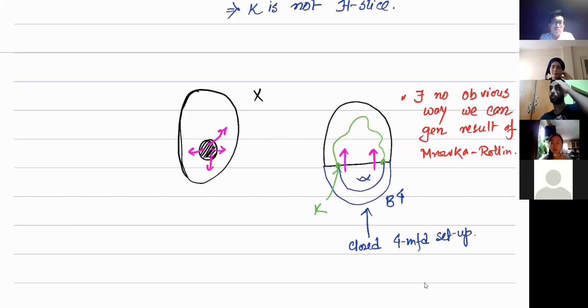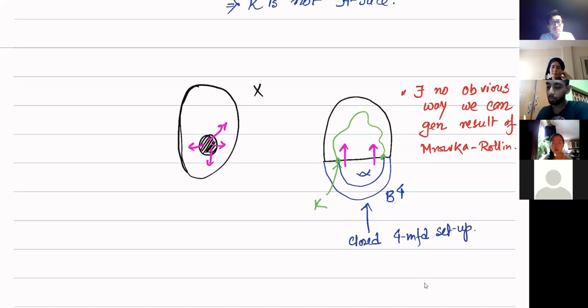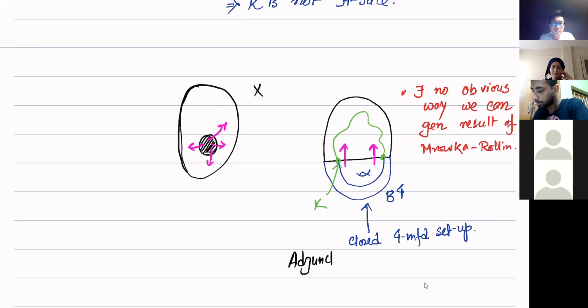But for that, there is another problem. In the closed 4-manifold setup, in order to use adjunction, one important condition is that the surface we consider has to be homologically non-trivial. But in our context, we are considering H sliceness. The definition of H sliceness essentially says that this green disk is actually trivial.